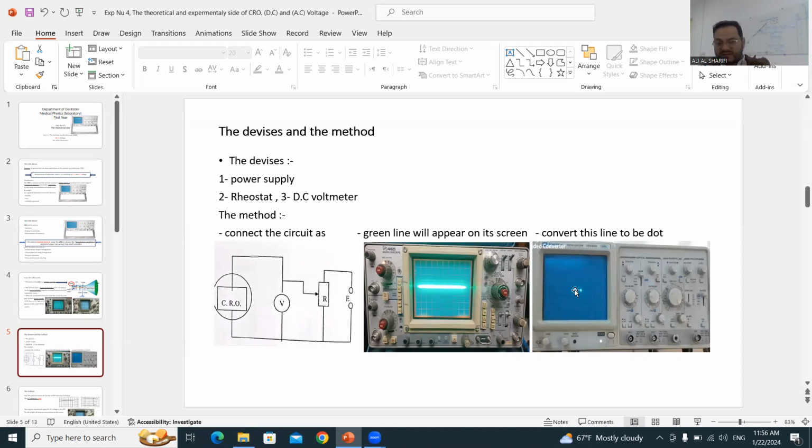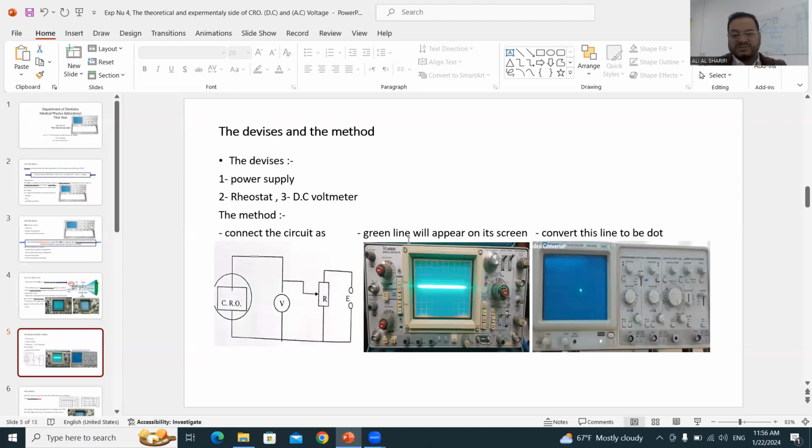To be sure my results will be right, somehow from these squares I can manage this dot to be at the center between these two crossed horizontal and perpendicular lines. So I am sure my scale is right, my CRO center is right. After that, turn on the line to be like that.